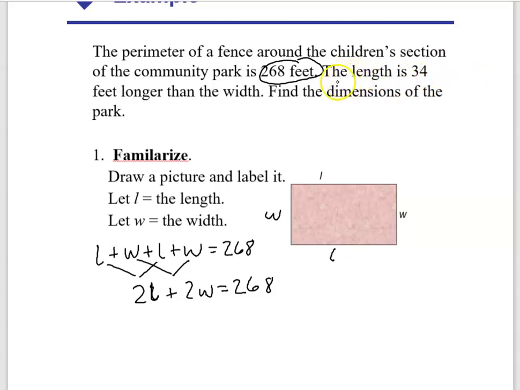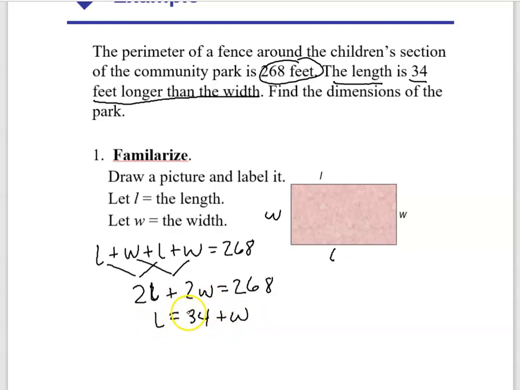And so this says the length is 34 feet longer than the width. So basically, if we take the length and we add 34 to the width, then we're going to have the length.